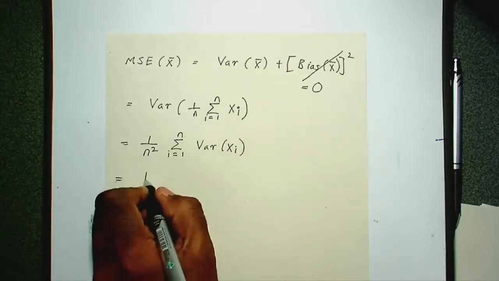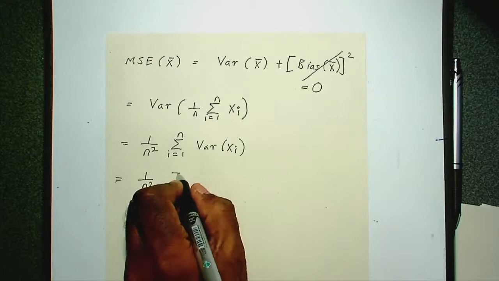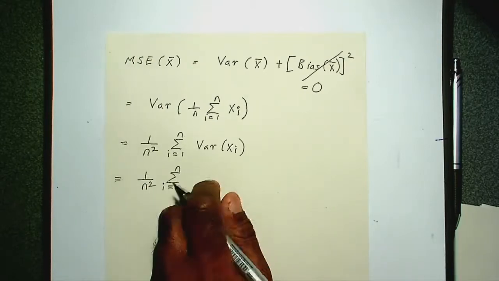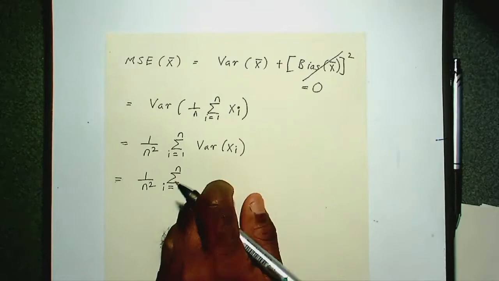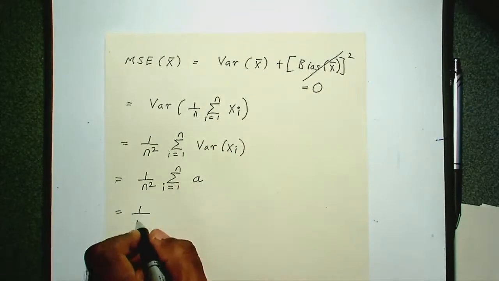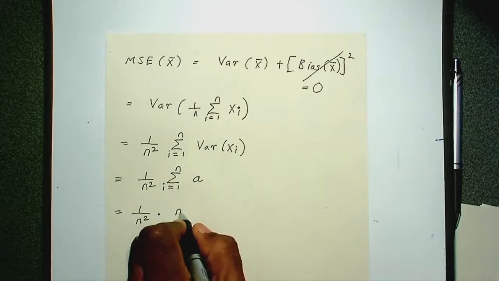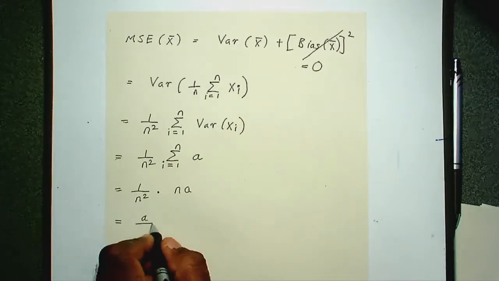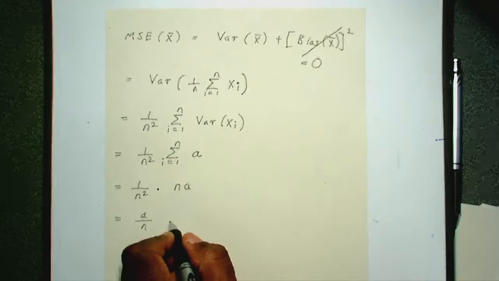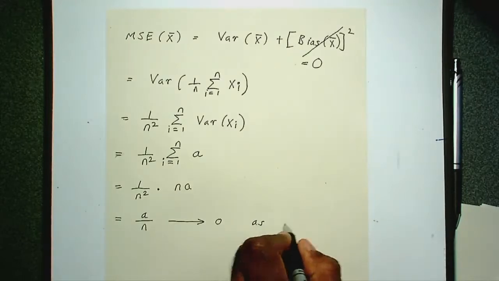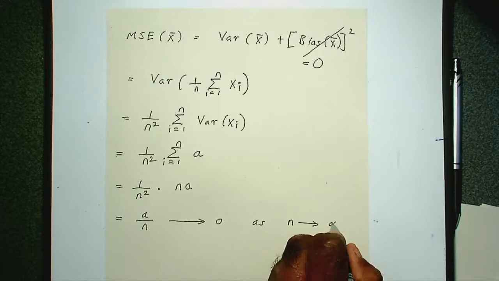I'm sure you know that the variance of a Poisson variable is A, okay? So this is 1 over n squared times nA. So this is A divided by n, which approaches 0 as n approaches infinity.